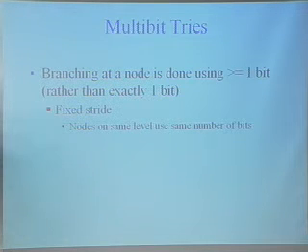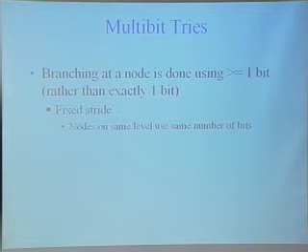But we have two versions of multi-bit tries. One is a fixed stride trie, and this has the property that if you look at nodes on the same level, so all the children of the root, they're all of the same degree. They all use the same number of bits. All the grandchildren use the same number of bits, but that could be different from the number of bits used by the children of the root.